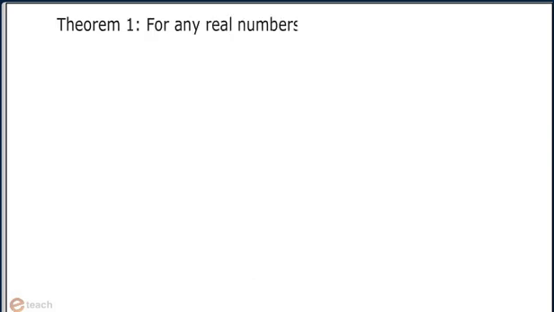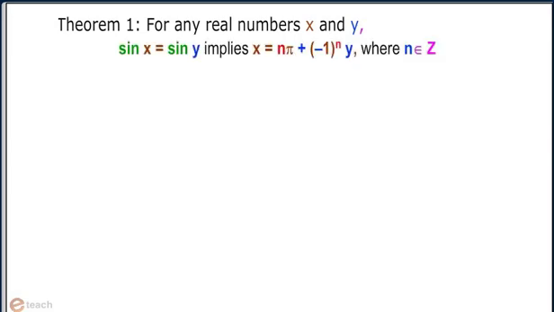Theorem 1. For any real numbers x and y, sin x equals sin y implies x equals n pi plus minus 1 raised to the power n into y, where n is an integer. Let us see the proof.